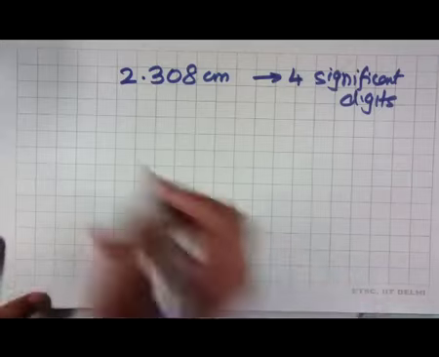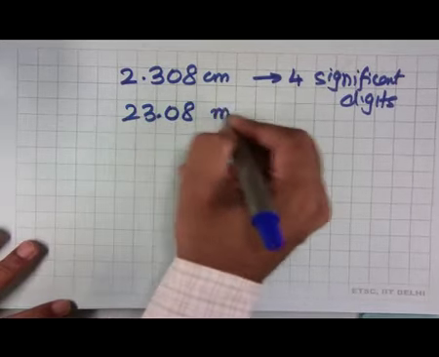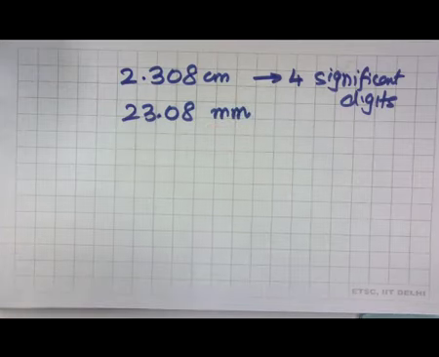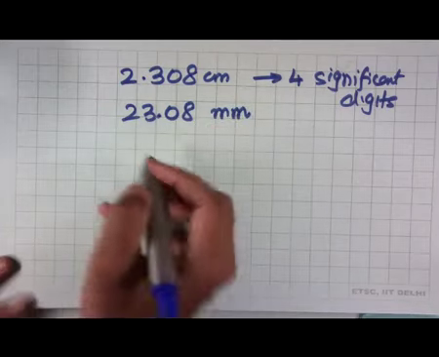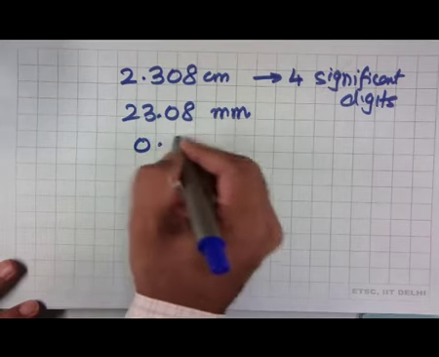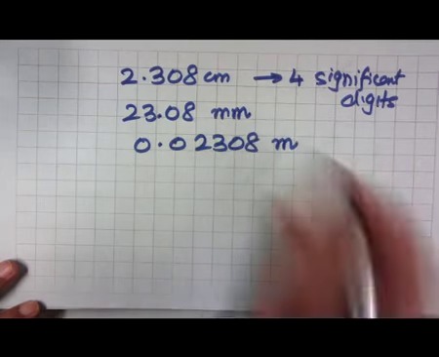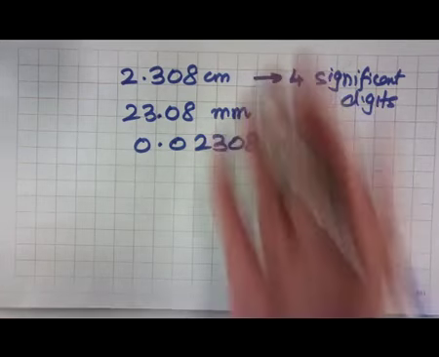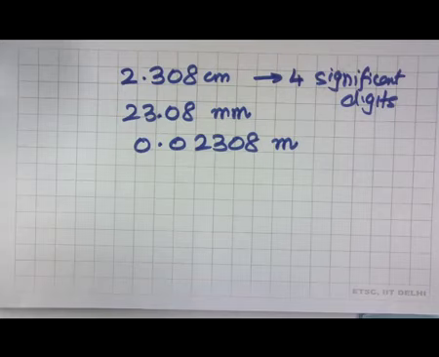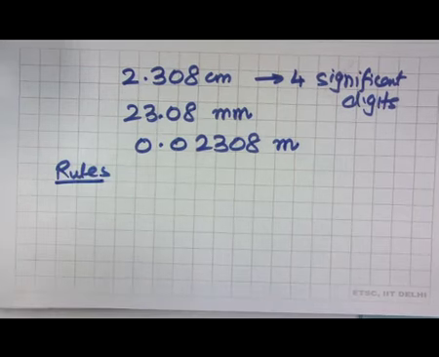If I look at this measurement in millimeters, it will be 23.08 millimeters, and once again this will have 4 significant digits. In terms of meters, this will be equal to 0.02308 meters, and the number of significant digits in all of these should stay 4. And therefore, keeping this in mind, we have certain rules for determining the number of significant digits.